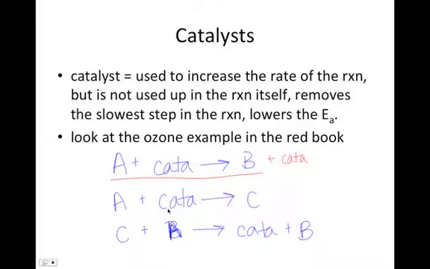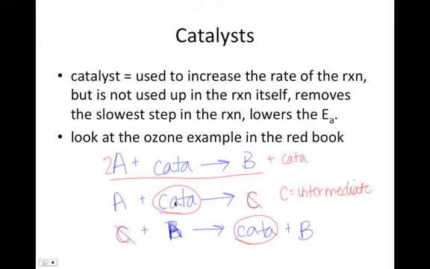But what's actually happening is it gets used up in this step and then produced in this final step. And in this way, we would actually have 2A here. The C would get canceled out, so the C would be an intermediate, in that it was produced and then used.